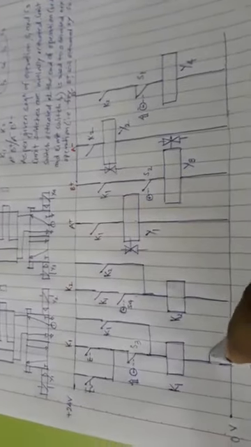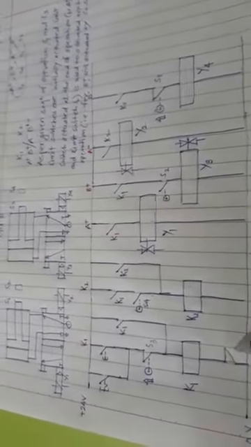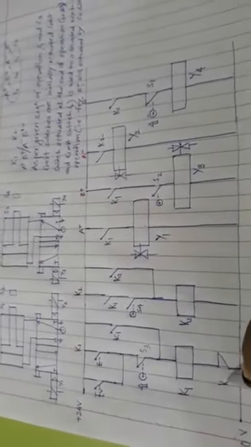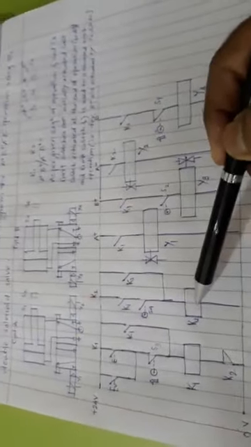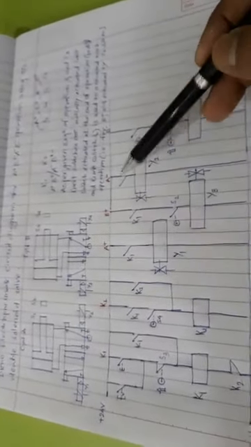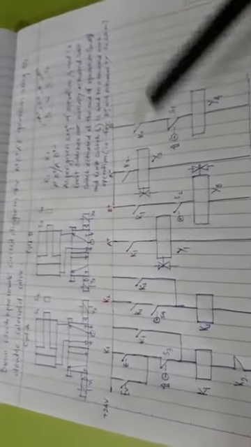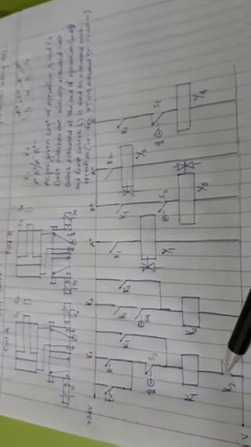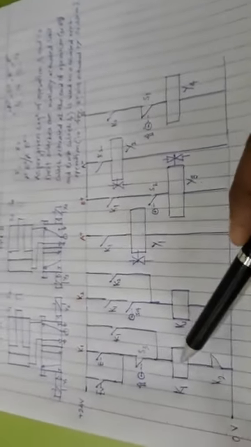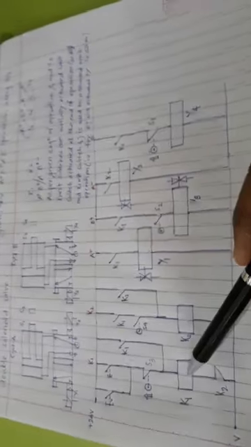We can put here the normally closed contact of the relay K2. As K2 will be on, this contact related to K2 will be open.